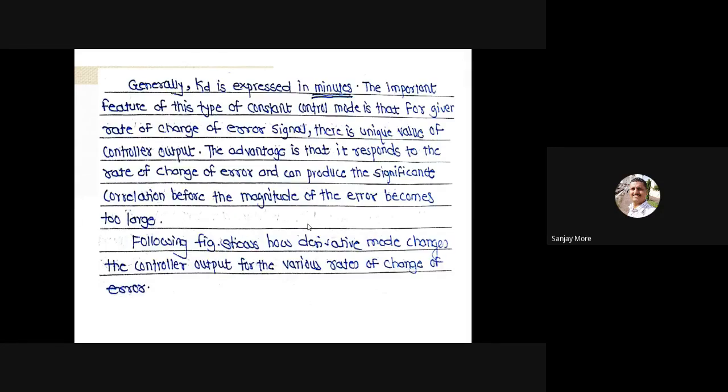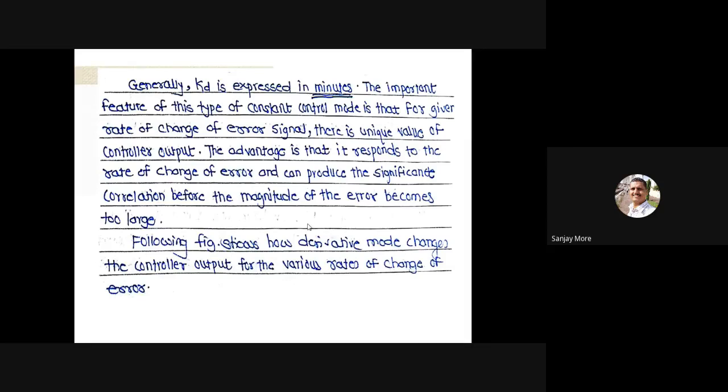So generally, the constant of derivative is expressed in minutes, and the constant of integral is expressed in seconds.